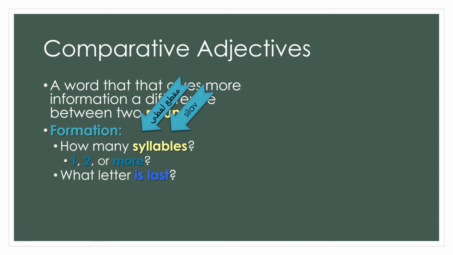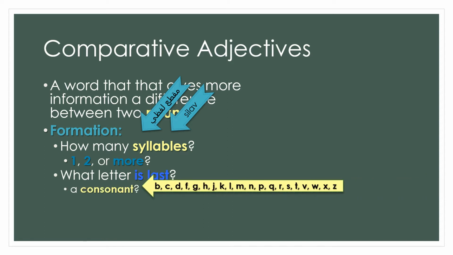You also ask yourself what letter is last in the adjective. Is it a consonant, like the letters B, C, D, F, G, H, J, K, L, M, N, P, Q, R, S, T, V, W, X, or Z?